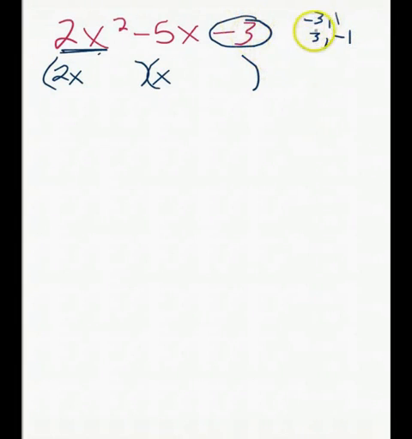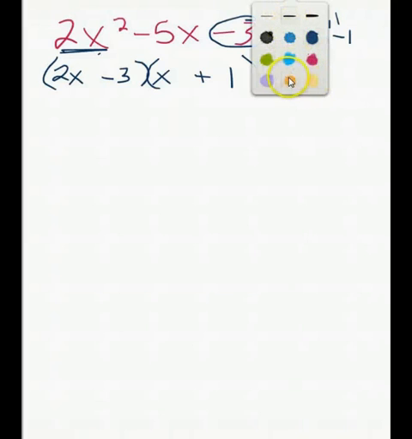So I'm going to put the numbers in where I think they should go. I'm going to guess putting the negative 3 here and the positive 1 there. Now, how are we going to check this? You're going to do what's called the inners and outers.